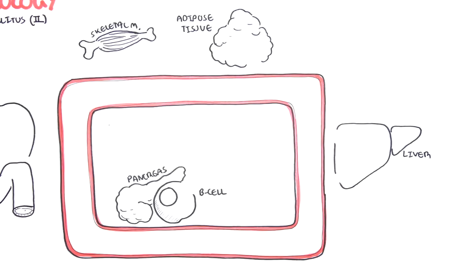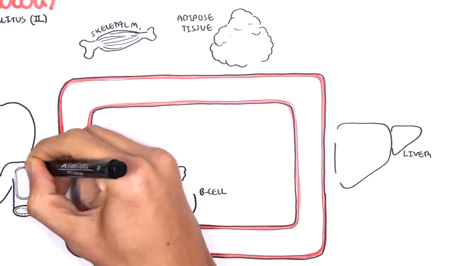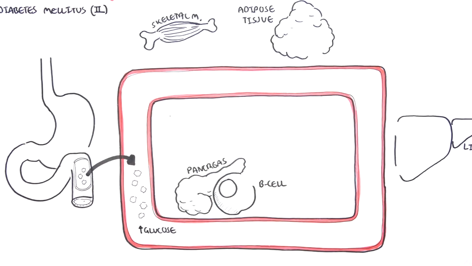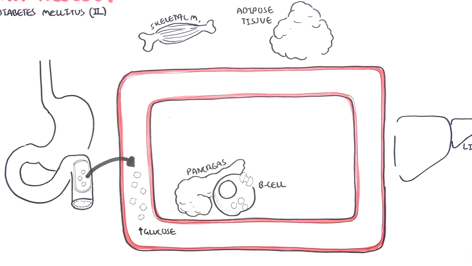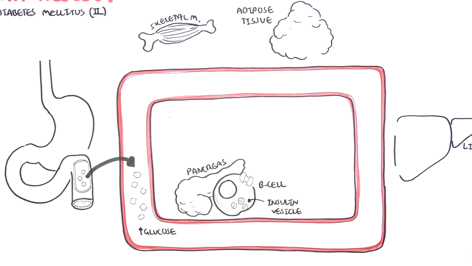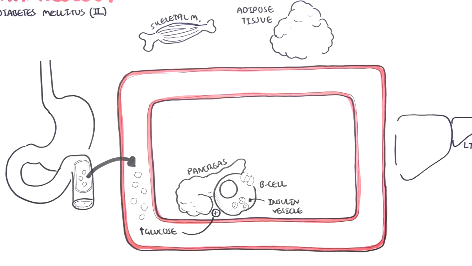So let's look at what normally happens. After we eat a meal, there is an increase in blood glucose. The glucose gets absorbed in the blood. Now, the increase in blood glucose will stimulate the B cells in the pancreas to release the hormone insulin. So the insulin vesicles from the B cells are being released into the bloodstream.